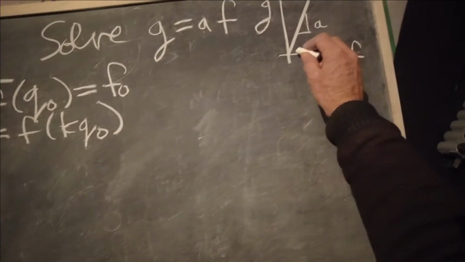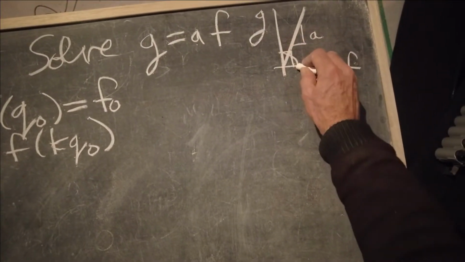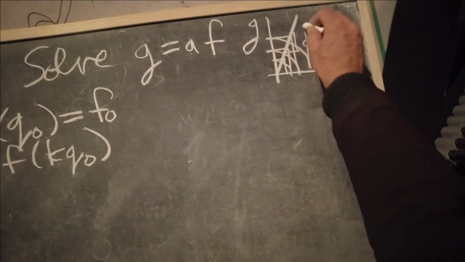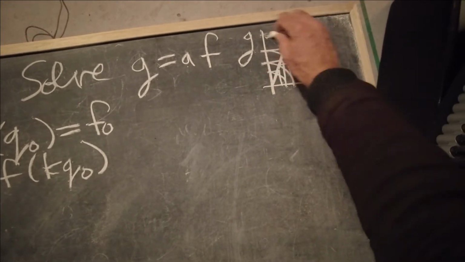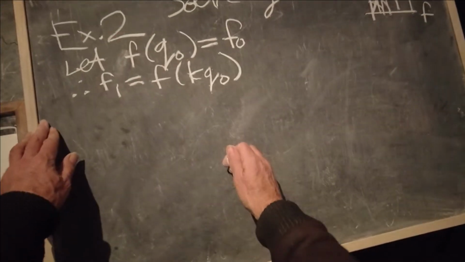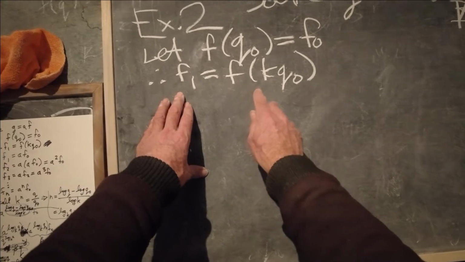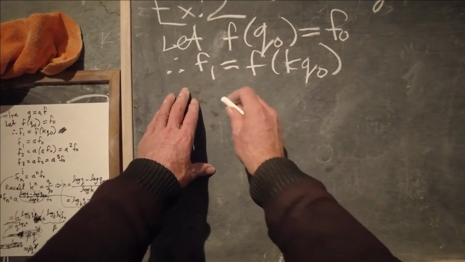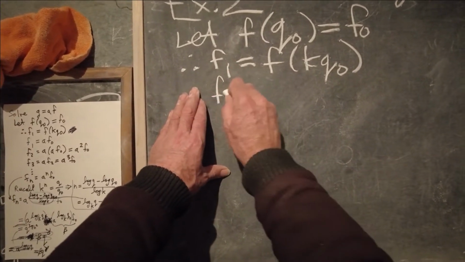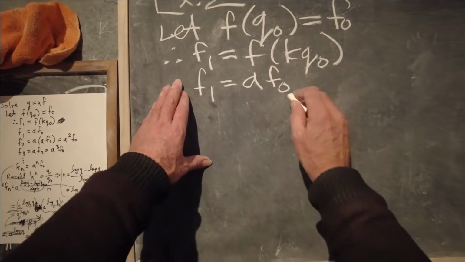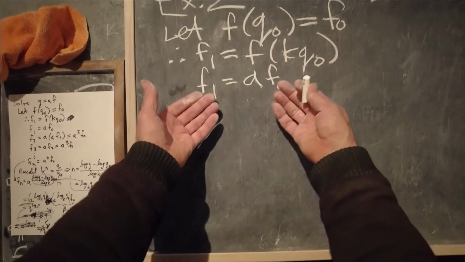And again, we're applying this similar principle of going around like this, and philosophically we're just unrolling or unraveling this mystery that we have. And so f1 is equal to f of k q0, and so f1 equals a f0. This is just the iteration on this.